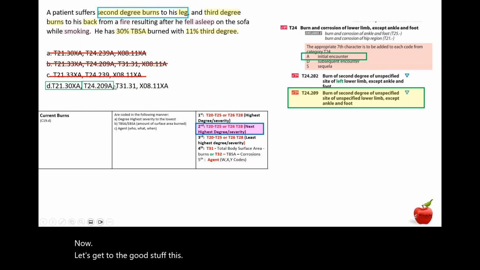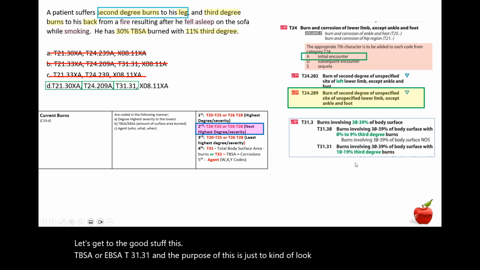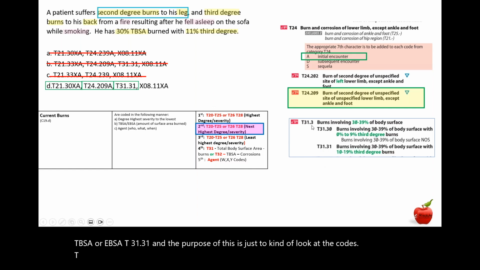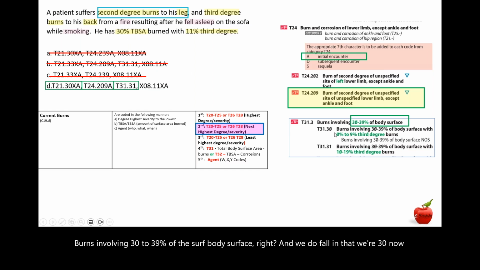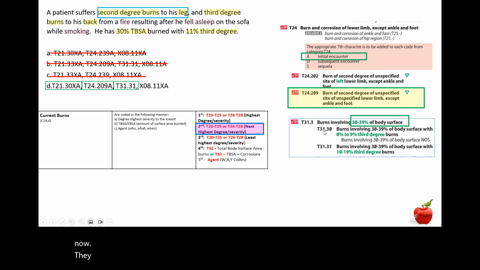This TBSA or EBSA, T31.31, and the purpose of this is just to kind of look at the codes. T31.3, burns involving 30 to 39% of the body surface, right? And we do fall in that. We're 30. Now, they want you to be even more specific, right?